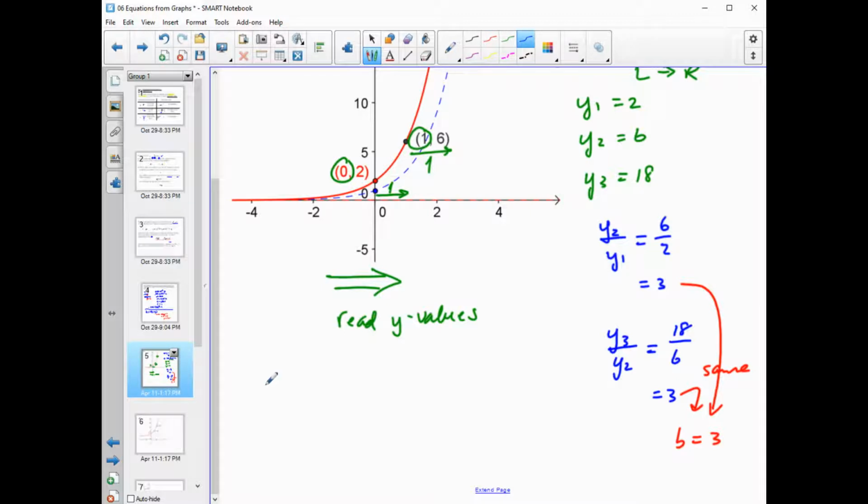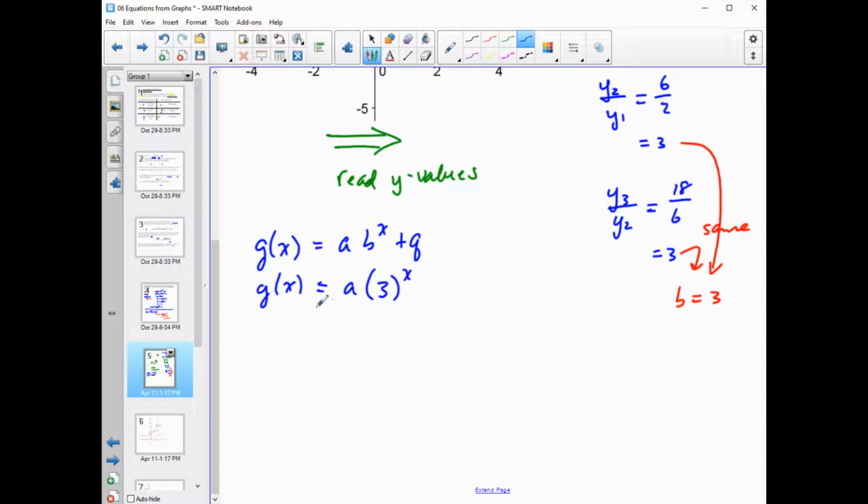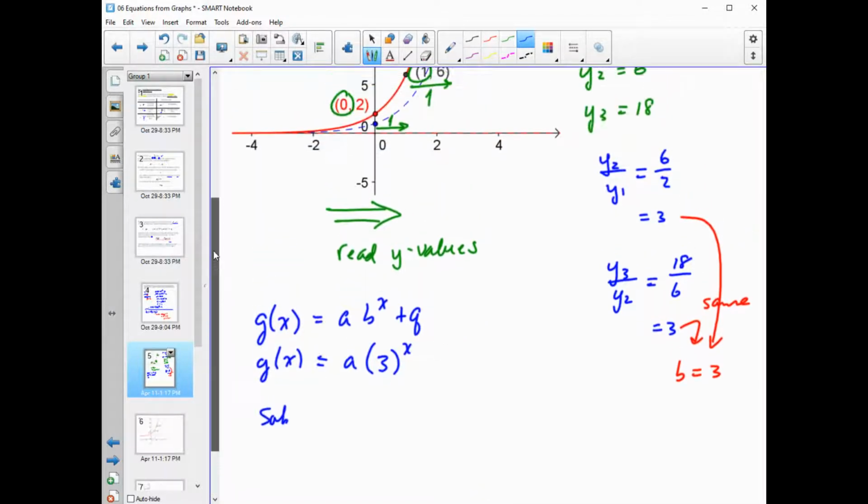From there, I can write my function. It was going to be g of x equals a b to the x plus q, but now I can write that g of x is equal to a times 3 to the x, since q was 0. Let's now sub in our one known point.